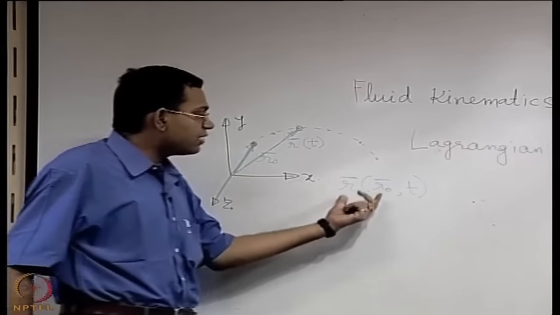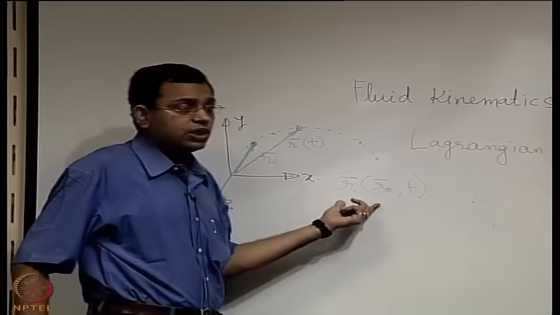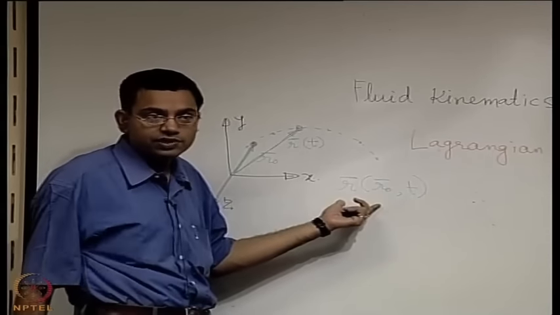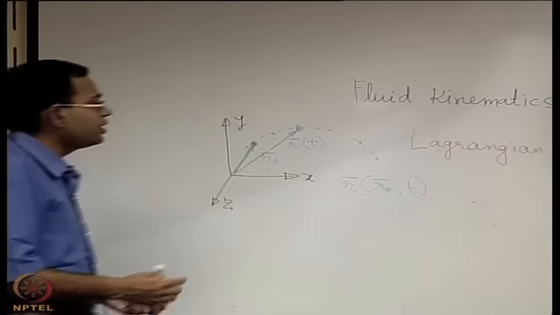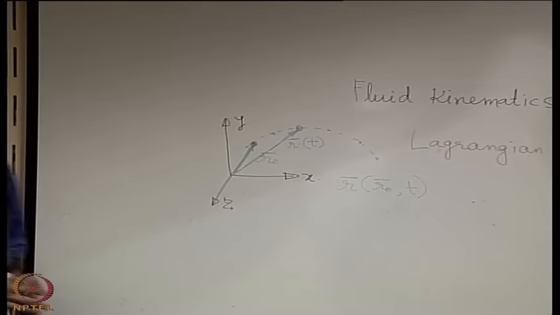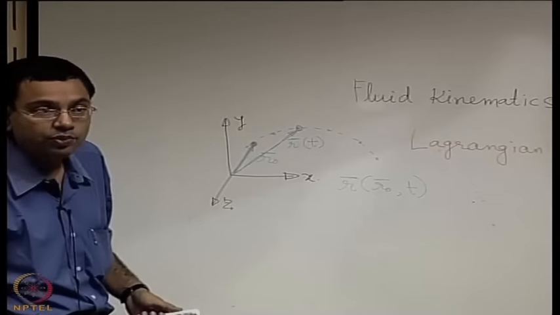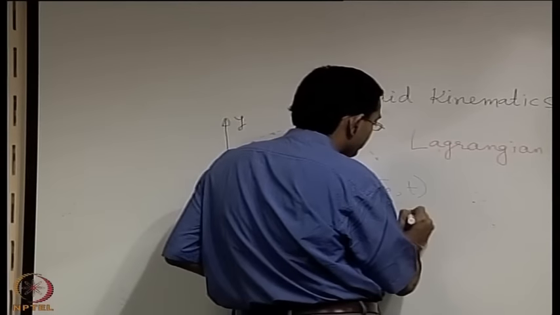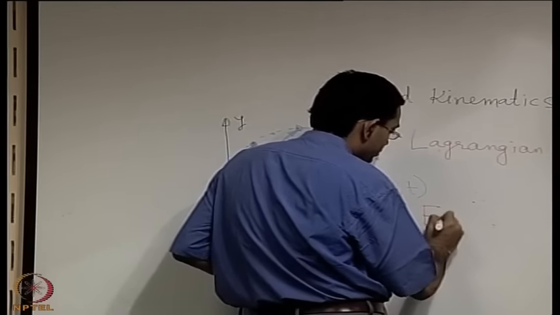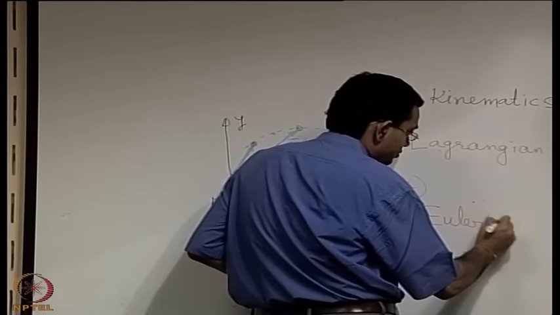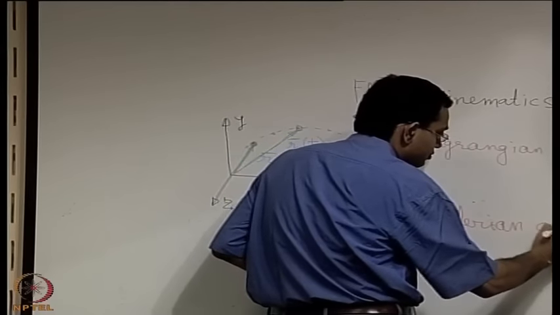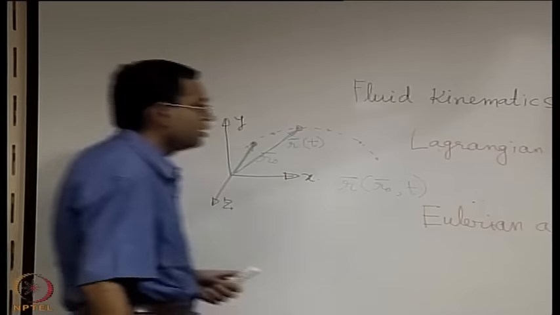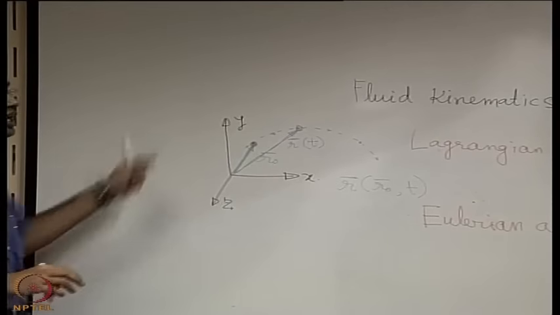As we have discussed, for fluid it is difficult, because you have numerous particles which are continuously evolving over space and time. So for fluid there is a more convenient approach which is known as the Eulerian approach. In the Eulerian approach, you are not tracking individual particles.